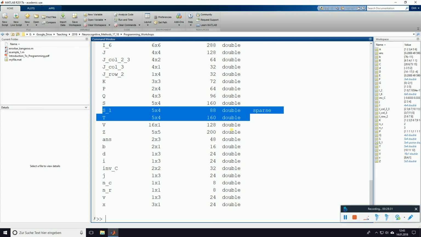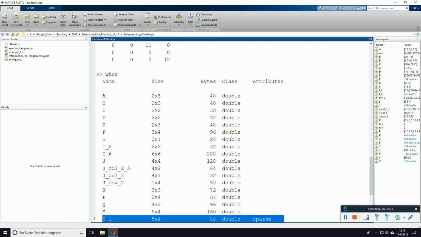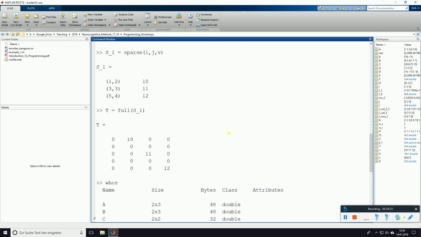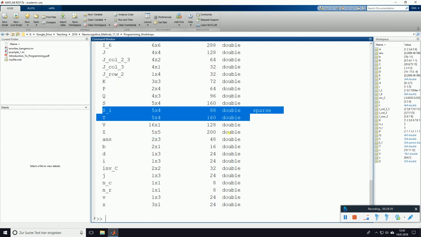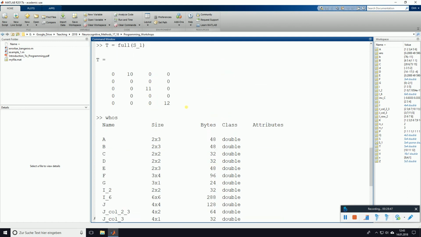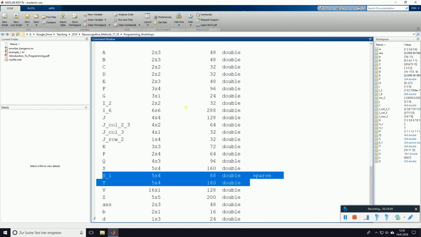If you want to compute with sparse matrices, it's essentially the same as computing with normal matrices. So you don't have to convert something first to compute with them.